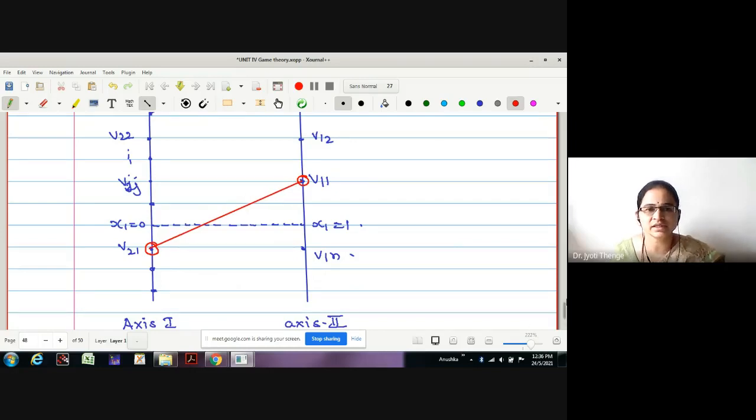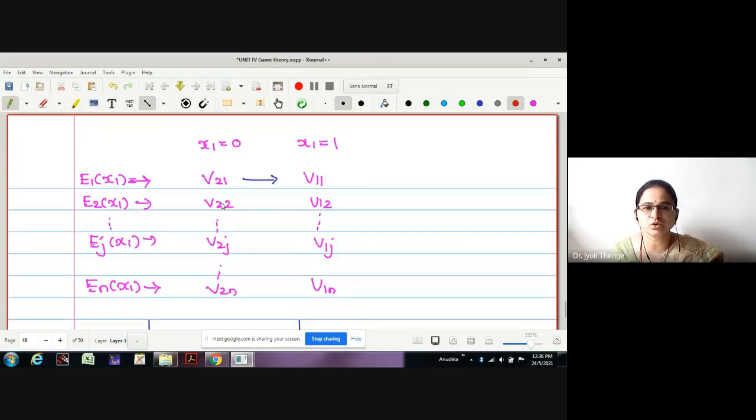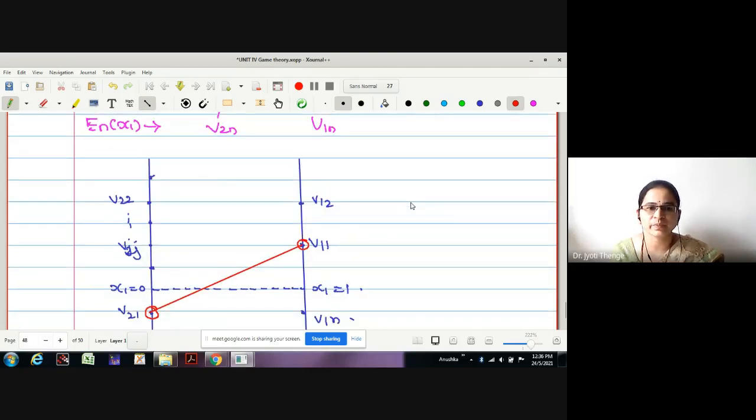The next line joins V22 and V12. This is V22 and this is V12. Let me draw it by a straight line.